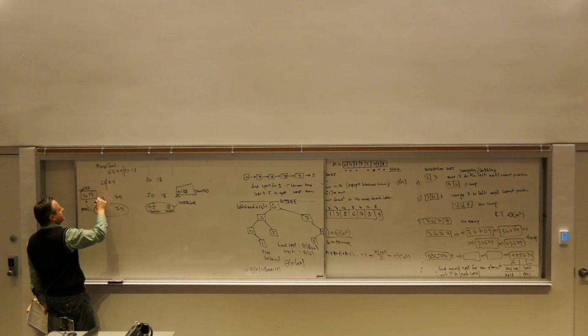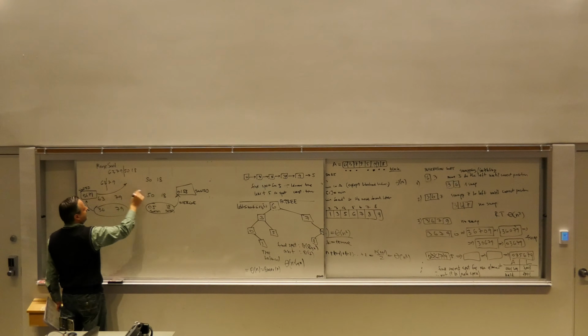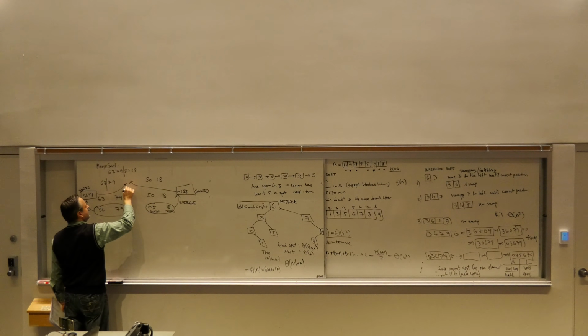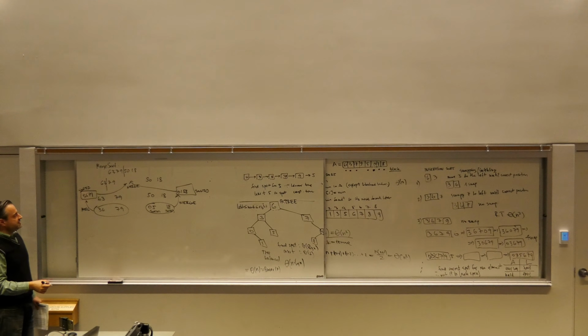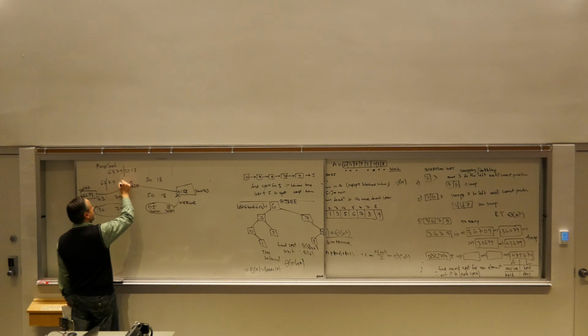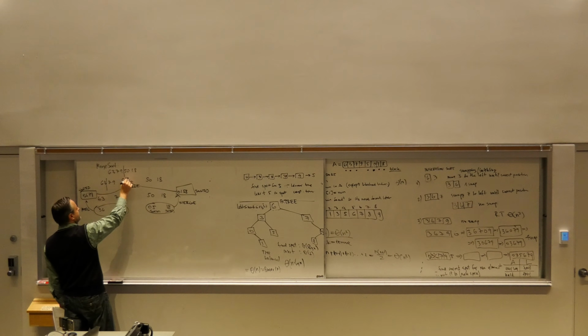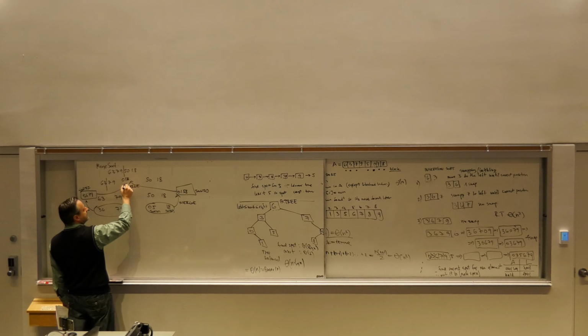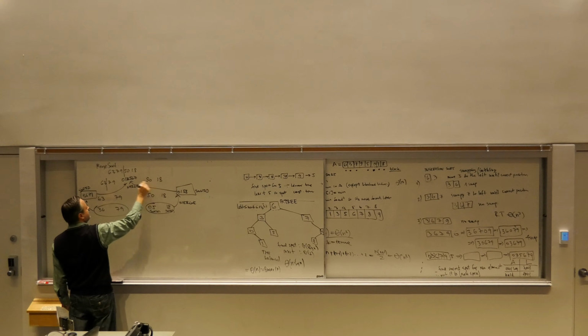So how do I get to merge them? If I merge those two sequences, what do I get? 0, 1, then I get this 3 from here, then I get the 5 from the other side, then I get the 6 from here, 7, 8 from the other side, and the 9.